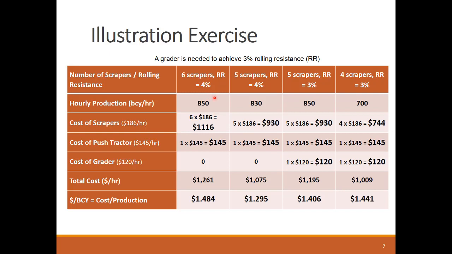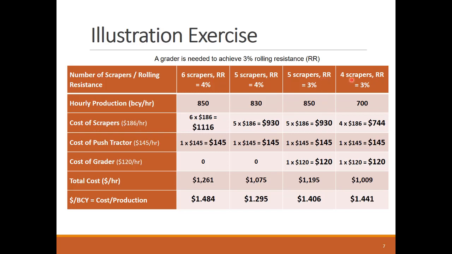We first calculate the cost of scrapers based on their number in each scenario and their unit cost. We then consider the push tractor cost, which is the same for all scenarios. The last cost to include is for the grader, which is used in only the third and the fourth scenarios with 3% rolling resistance.